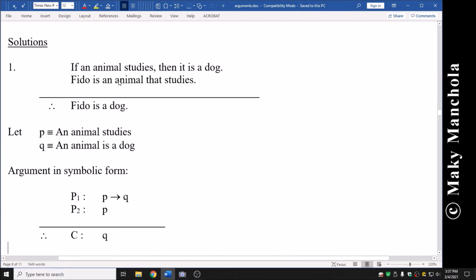Fido is an animal that studies. Therefore, Fido is a dog. If we look at the second premise, Fido is an animal that studies, it does not appear to be a true premise. Unless Fido is a human being, this second premise is expected to be false, although we have a valid argument form here. So our first argument happens to be an informal fallacy.